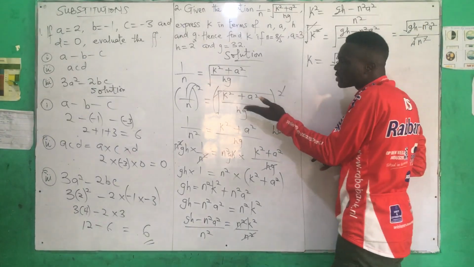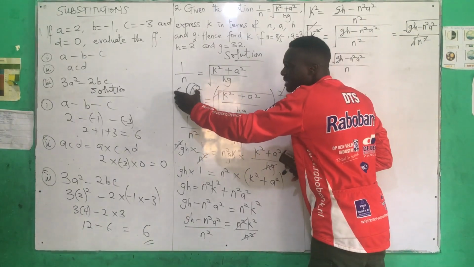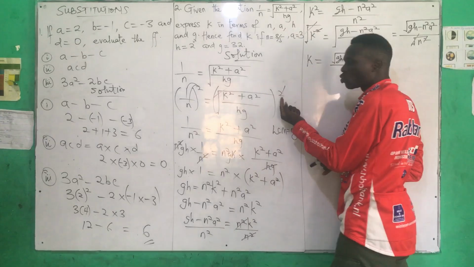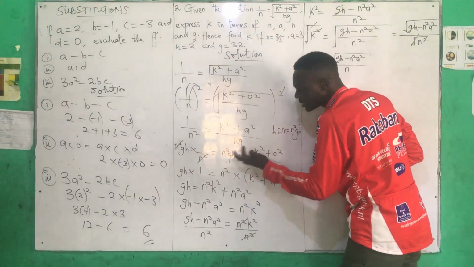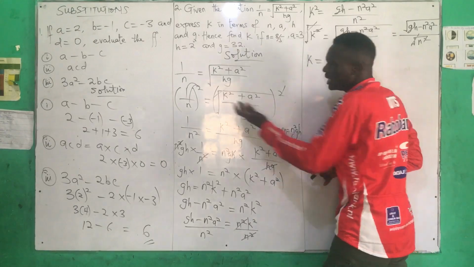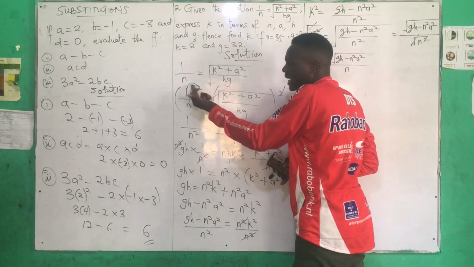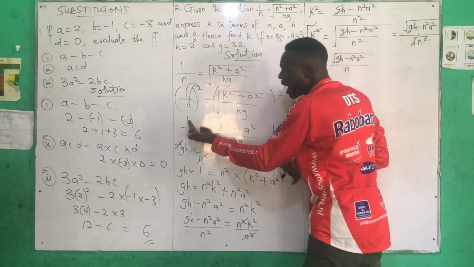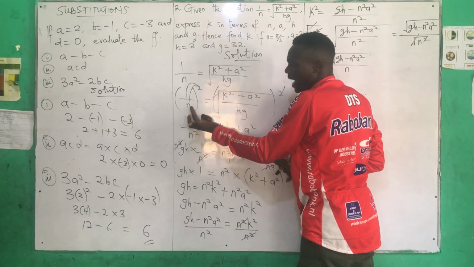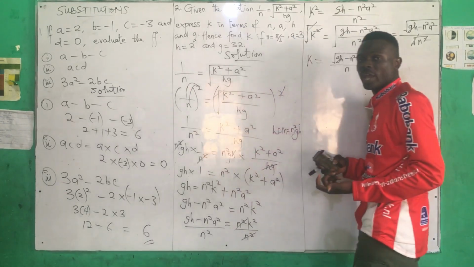Now, squaring both sides will give you this side squared, this side squared. Now, the square will cancel the square root, leaving this behind. Then the square that we have here is for the numerator and it is also for the denominator. So 1 squared is 1 and n squared is n squared.